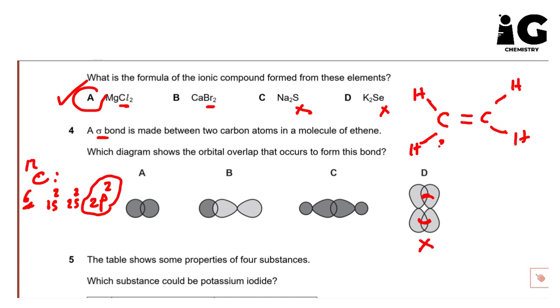If we check A, this is s bond s, so this is wrong. Second one, spherical means s and dumbbell means p, so this is also wrong because here it is s and p. So the correct answer is C because this is p, sigma bond with p. So this is the correct answer.